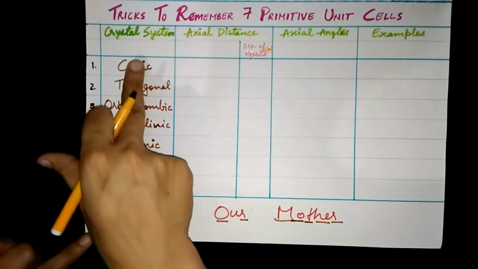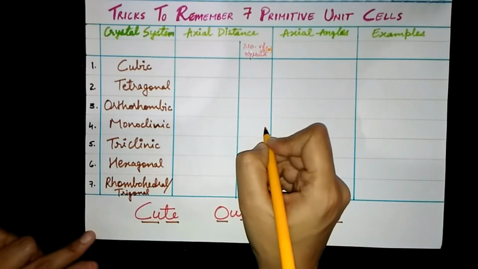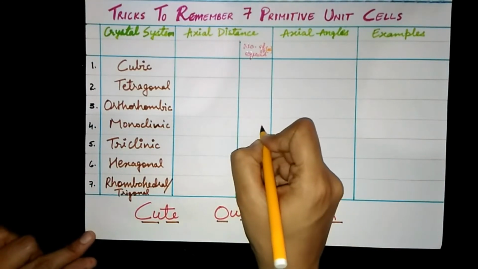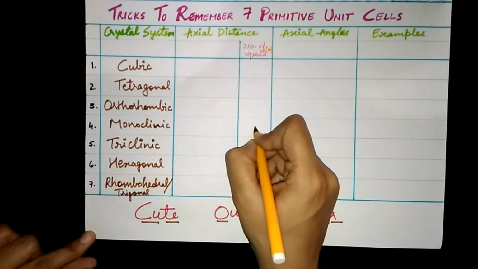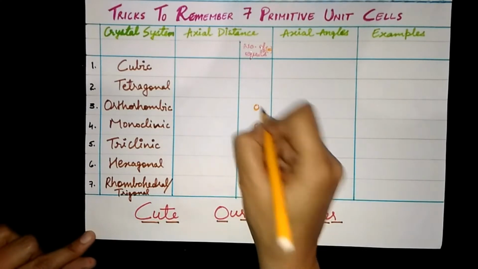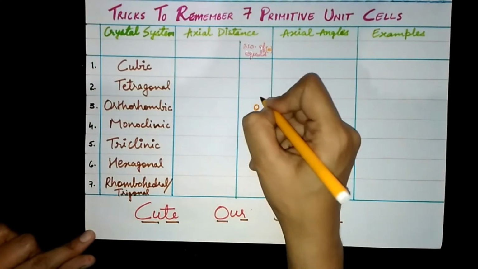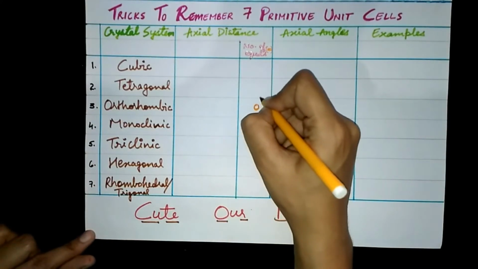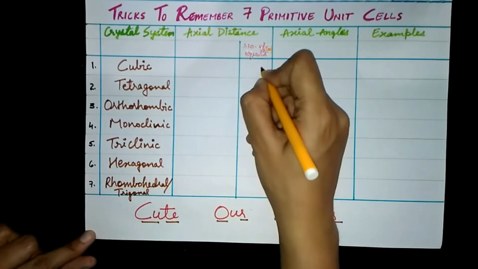As you can see, there are 7 crystal systems. If you start from the middle one, the number of equal signs in the center will be 0, above the center 0, below the center 0. Next, going above this 0, it will be 1, then 2.